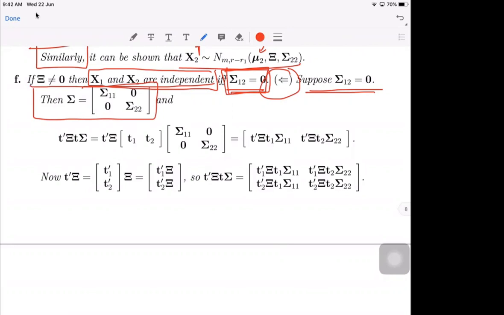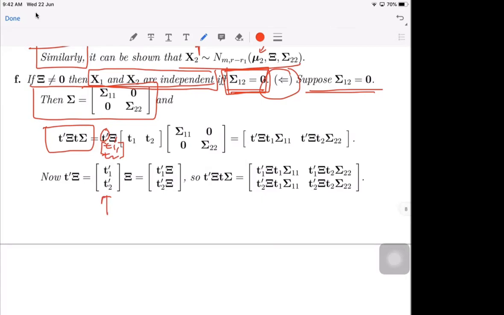And then you try to find t prime psi t sigma. So t prime is actually t1 prime, t2 prime.